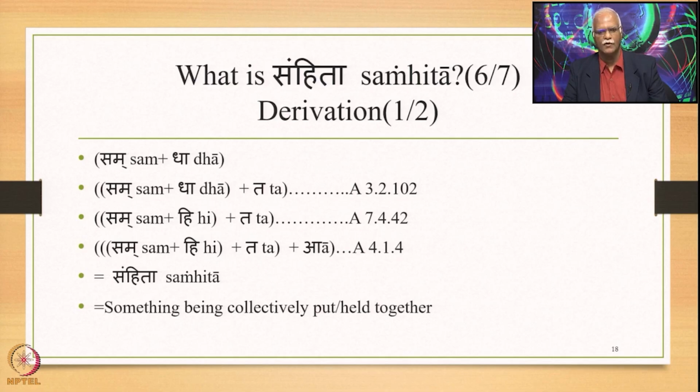Now, dadhater hi substitutes dha by hi. So, we have sam, hi, ta, and then we add the feminine suffix a and we get the form samhita, which means something being collectively put together or held together, or the action of collectively holding or putting something together.